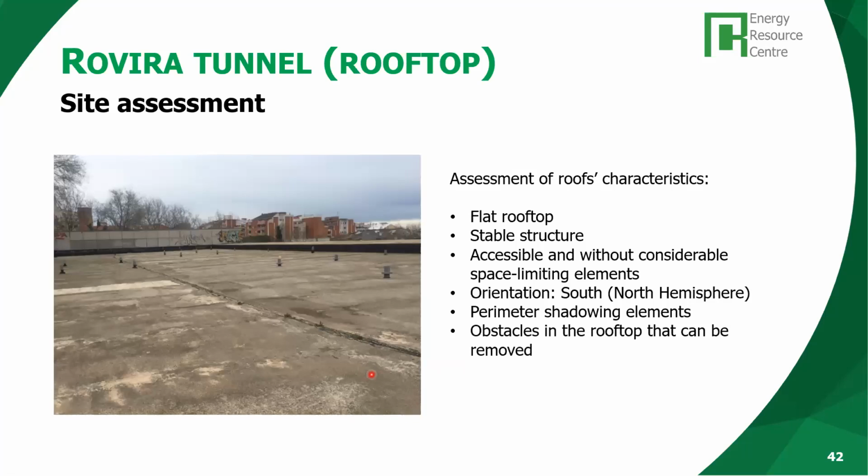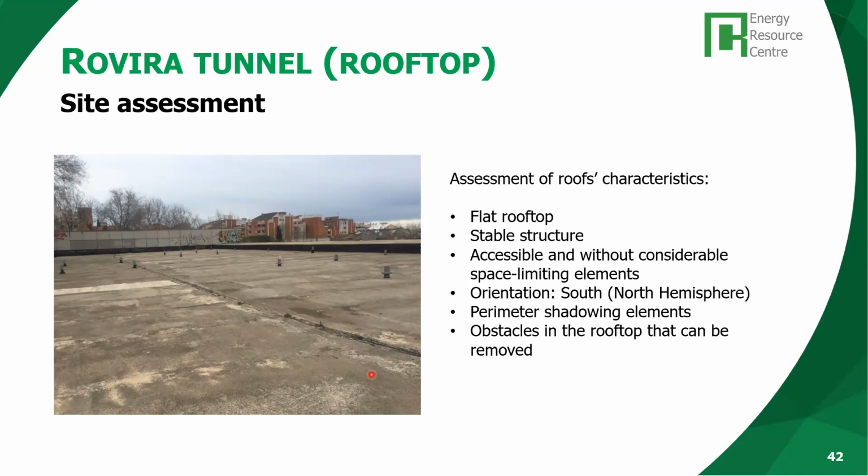The roof, okay, is a flat roof with a very stable structure, no problems of accessibility or limitation created by ventilation or AC equipment. So it was quite a convenient surface, right, to work with.